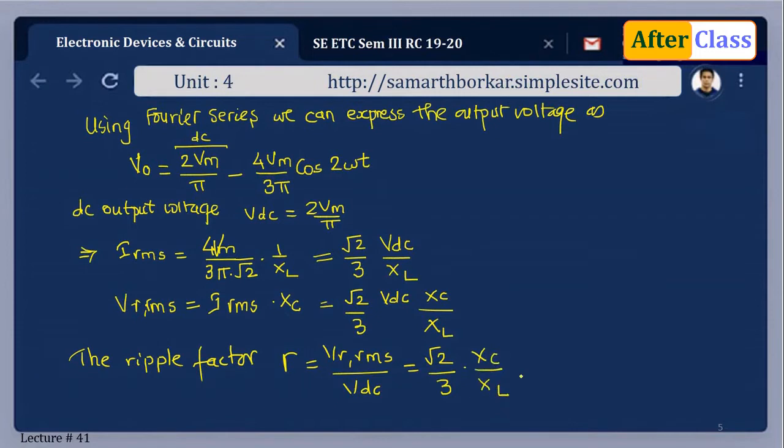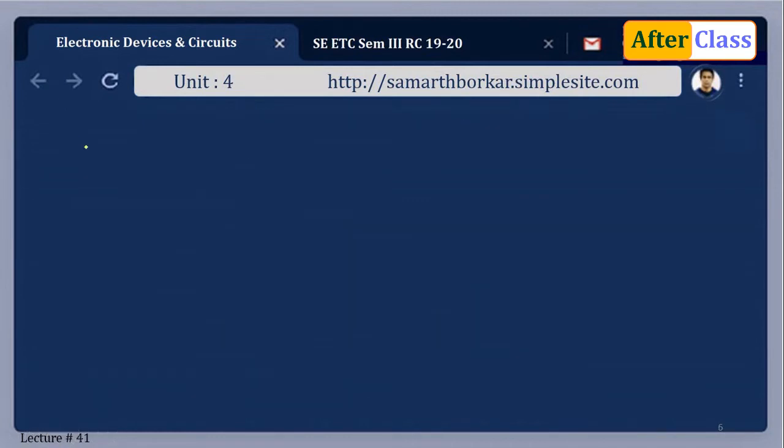Fine. Now, so we have got the ripple factor r equals to root 2 by 3 Xc by XL, and Xc equals to 1 upon 2 omega c.